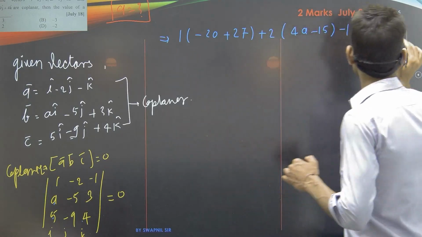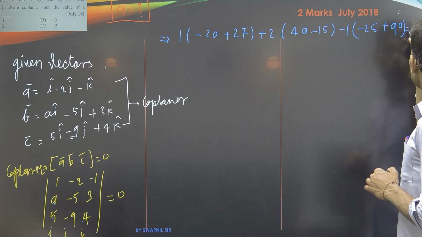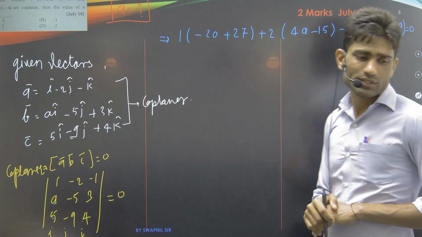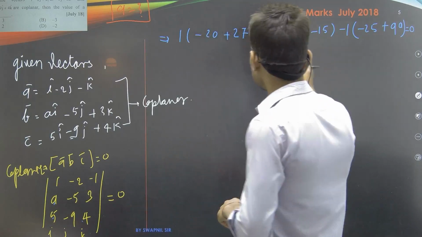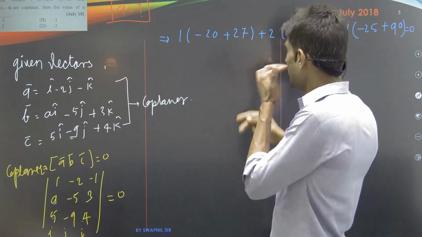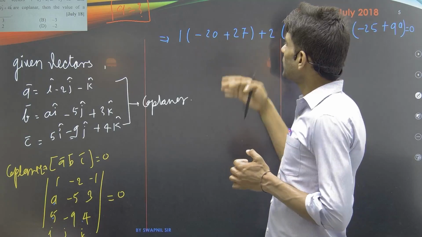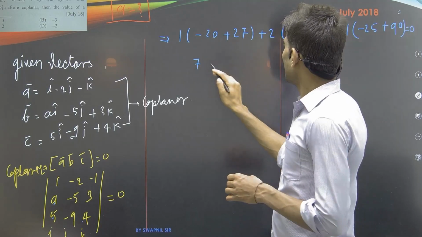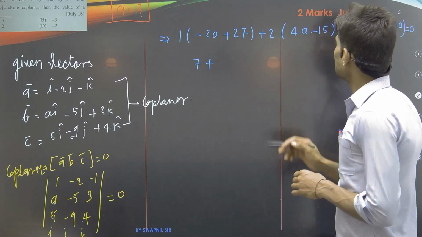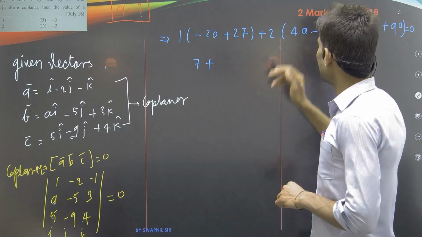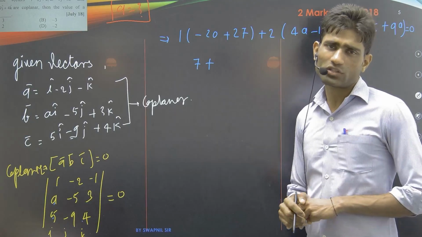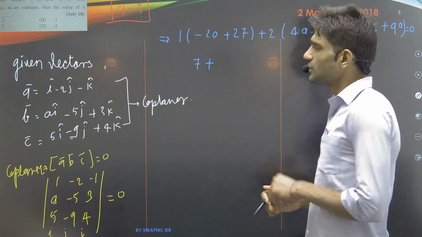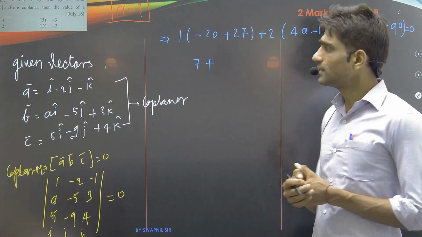If vectors are coplanar, the value of our determinant is 0. So go for the further calculation. Negative 20 plus 27 remains positive 7, plus 4a minus 15 multiplied by 2. Multiply 2 under bracket, because a is a variable and 4 and 15 are constants, so we cannot operate this calculation directly.